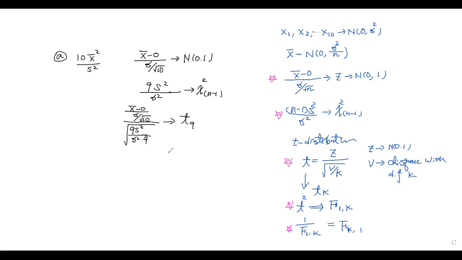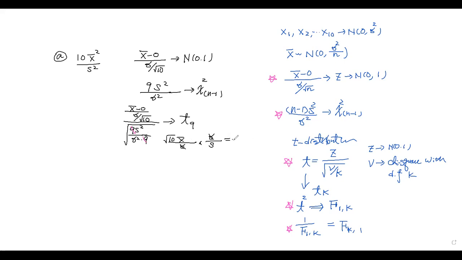Now if you do a little bit of simplification, you flip that square root of 10 here, the 9 and 9 cancel, and you flip the sigma to the top, and the S squared, take the square root, it's S, so sigma cancels.